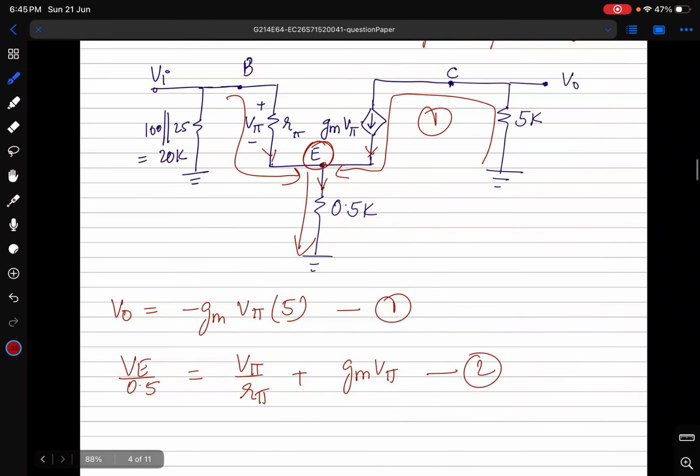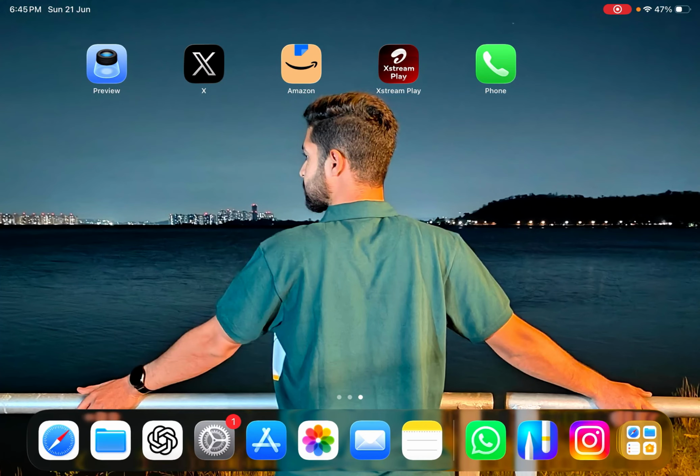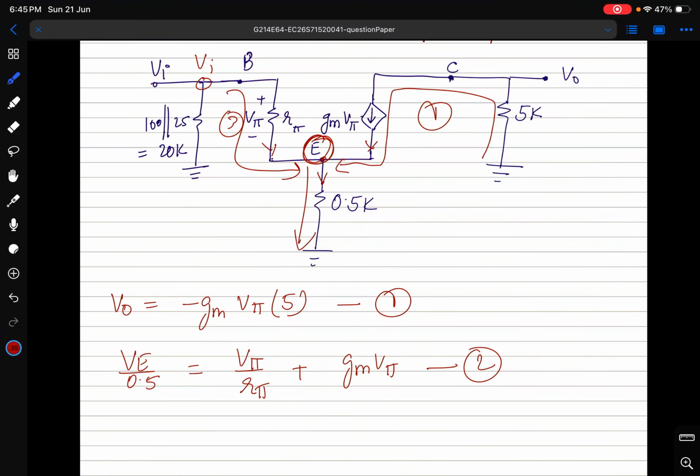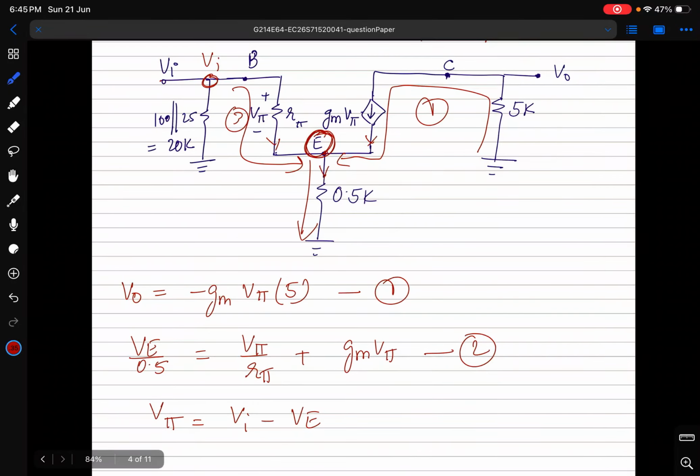And the third equation I'll get from this branch. So this node is Vi, this node is V, this node is V, this node is Vi, and V pi is the voltage difference between these two nodes. So V pi comes out to be Vi minus VE. So this is the third equation.